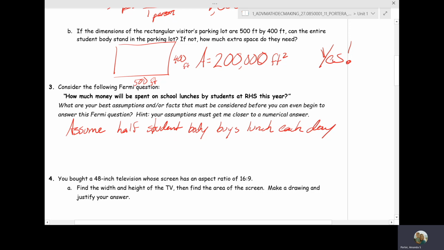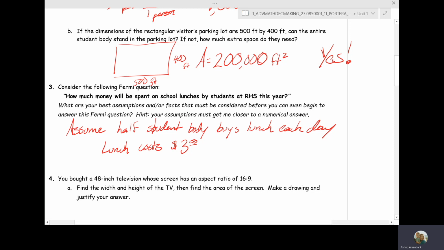I don't know that that's a fact, but we don't know if everybody buys. We don't know if it's the same number every day that buys. So maybe we'll assume half, or maybe you could say assume a quarter, but it's an assumption, right? We also need to say that lunch costs, I don't know how much lunch costs, haven't looked it up, but let's just say lunch costs $3. Maybe it does, maybe it doesn't.